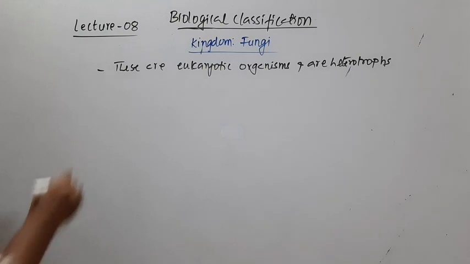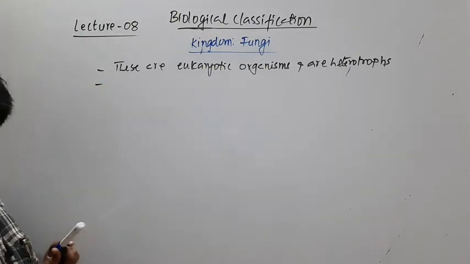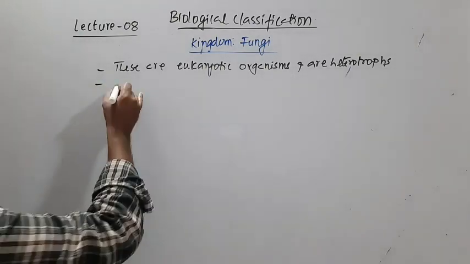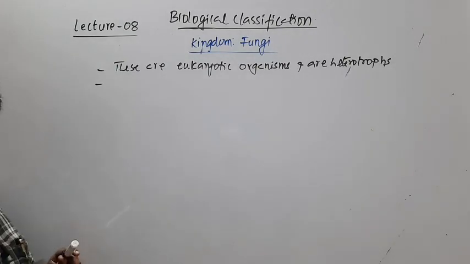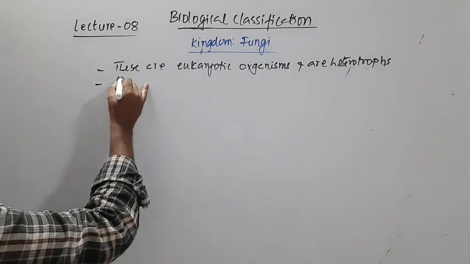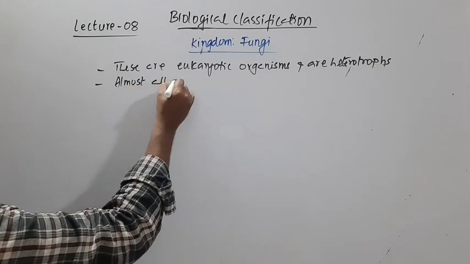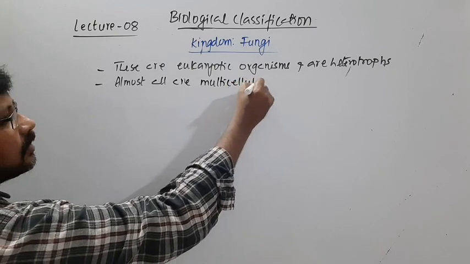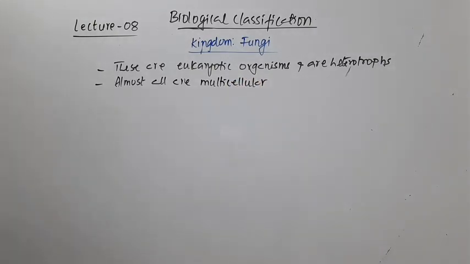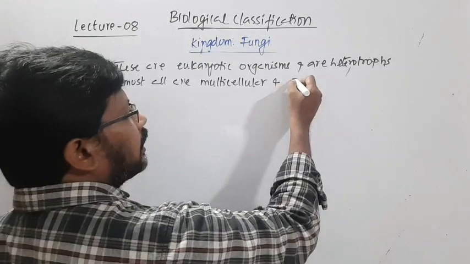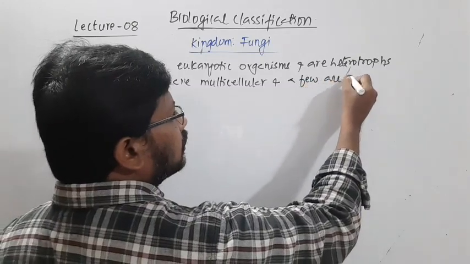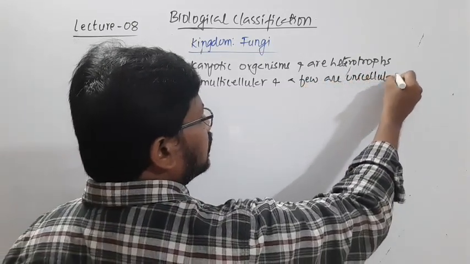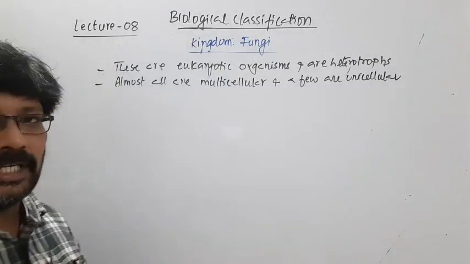Almost all the organisms included under this are multicellular except a few. It means that their body is made up of many cells, and very few are unicellular, which means their whole body is made up of only one cell.